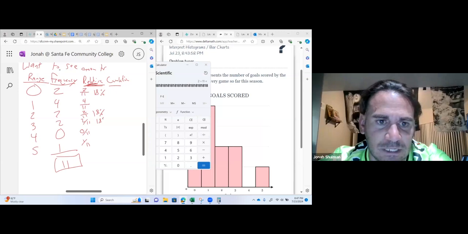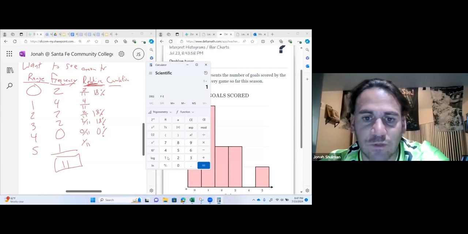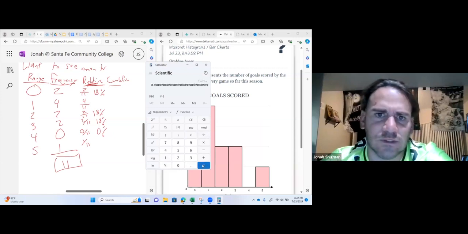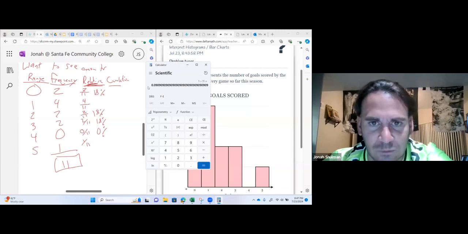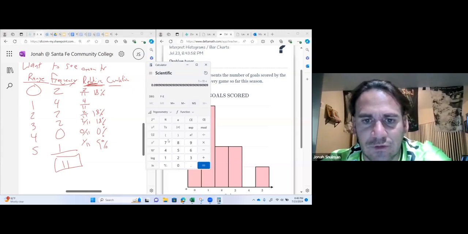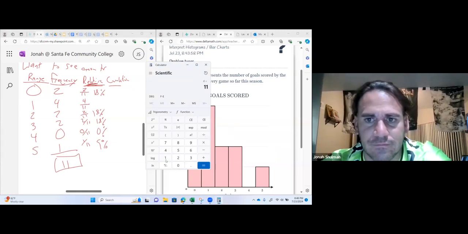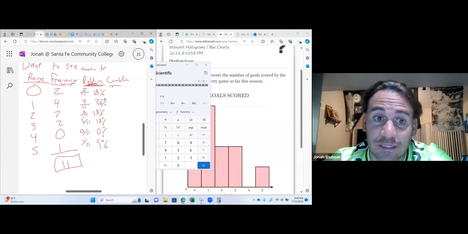This is 18%. This is 0%. We'll do 1 divided by 11. And I'm just moving the decimal over. This is 0.09, so it's 9%. And 4 out of 11 should be everything left over. This is 36%.